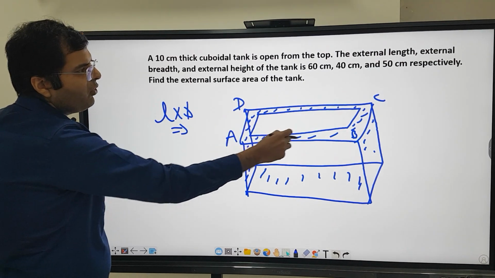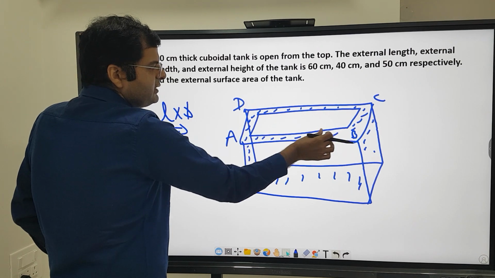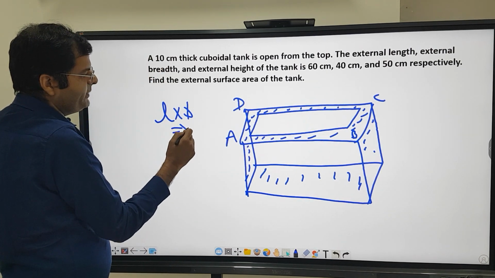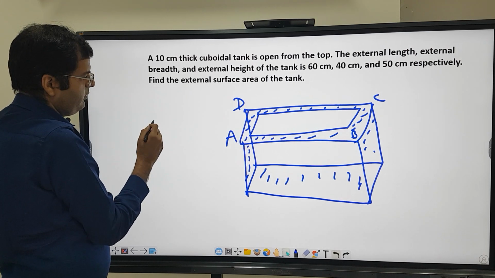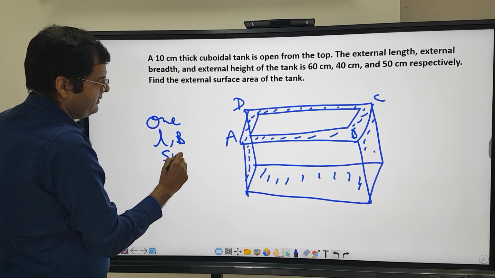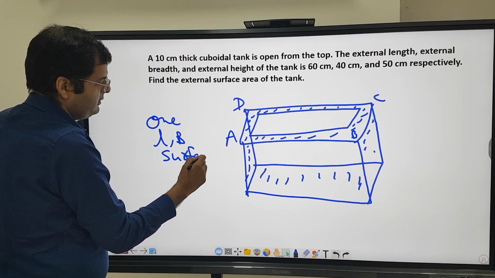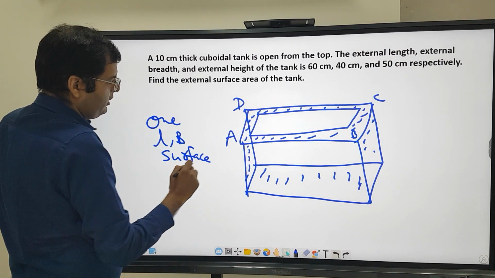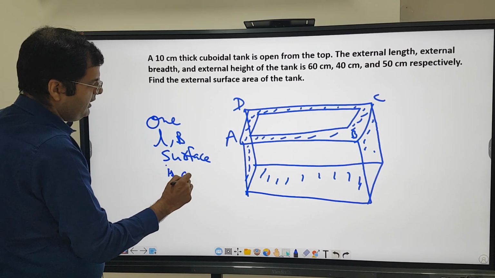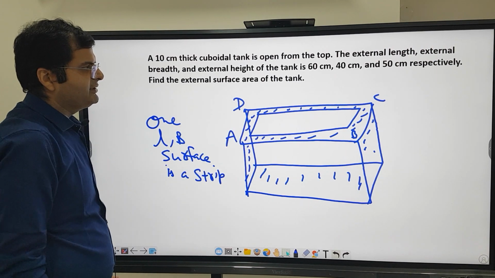It will have a hole. It is like there is some strip at the top. So one length breadth surface at the top is a strip and not a complete surface.